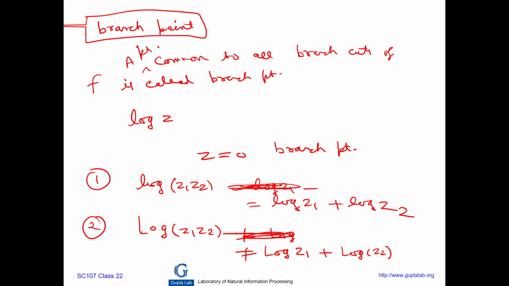Now I can give you the idea of the square root of z function, okay. So w is equal to square root of z. z is equal to x plus iy, right?